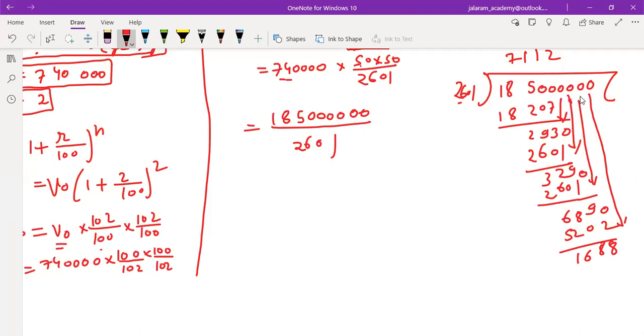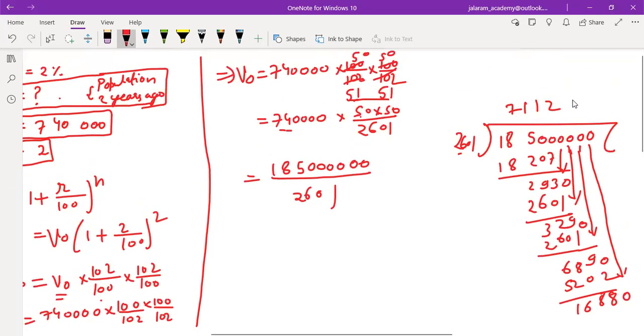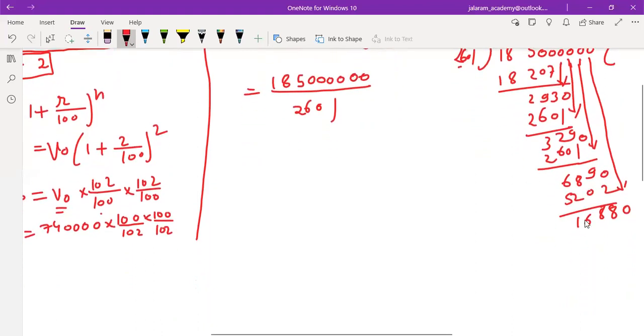1, 2, 6, 5s are 6 are 6 are 156. 15606 subtracted. 10 minus 6, 4, 7. 8 minus 6, 2. 6 minus 5, 1.